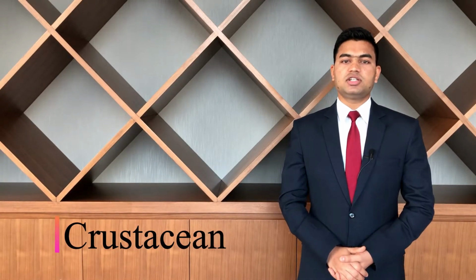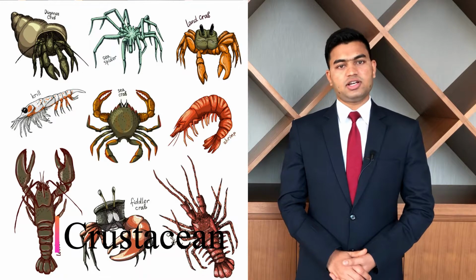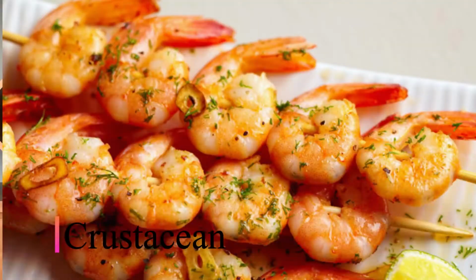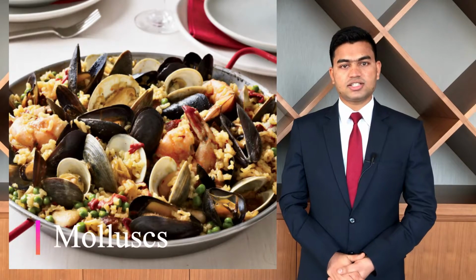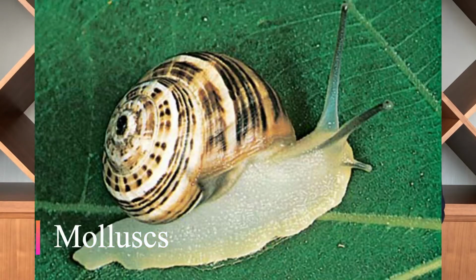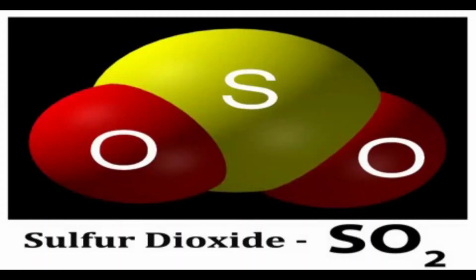Crustaceans are those animals which live in the water and have a hard crust at the back, and these crustaceans are prawns, crab, lobster, and these seafood items are widely used in cuisine. Next is molluscs. Molluscs are also allergenic food, and they are land snails, mussels, squids or oysters. These come under the molluscs, and they are also allergenic food.